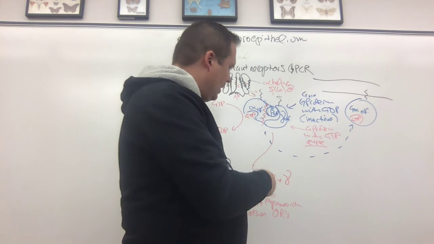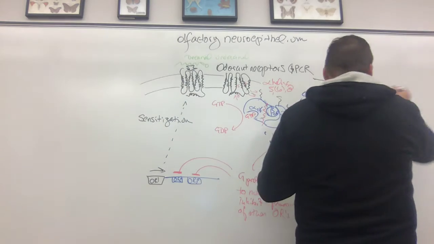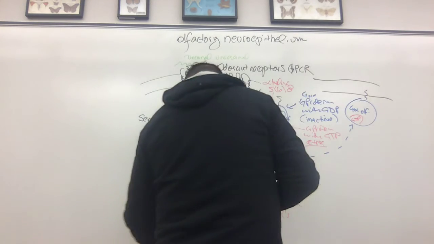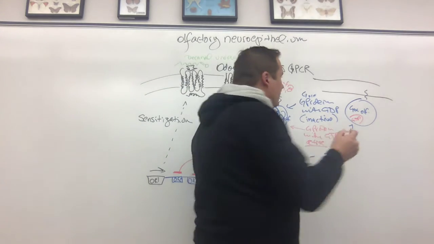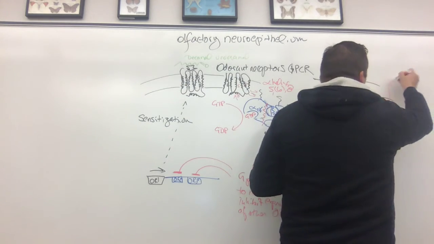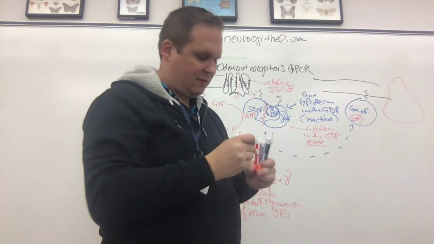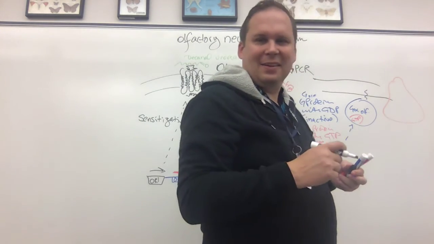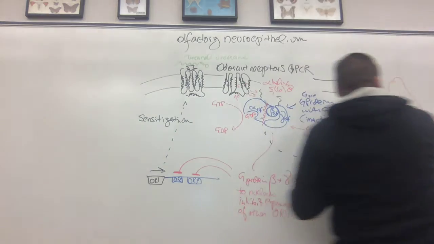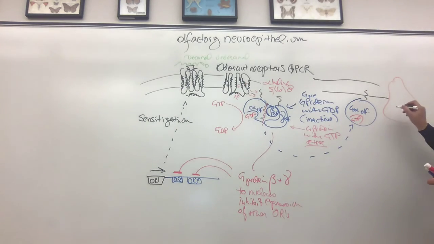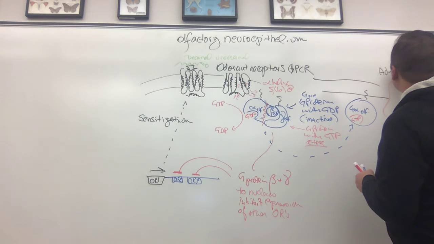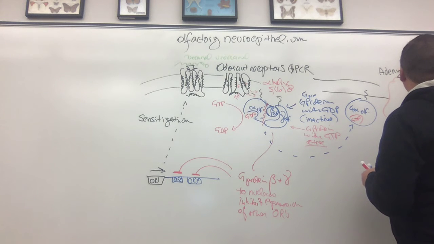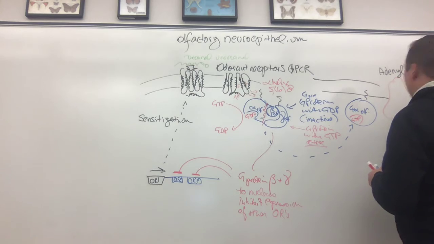Now this one is going to interact with this enzyme, and we need another color for this enzyme. Let's see if we can make it orange. Let's see if that shows up. It doesn't show up super well. We'll make it orange outside and black inside. I don't know, we'll go pumpkin colors. Why not? Yeah. Okay, and so this is adenylyl cyclase number 3.